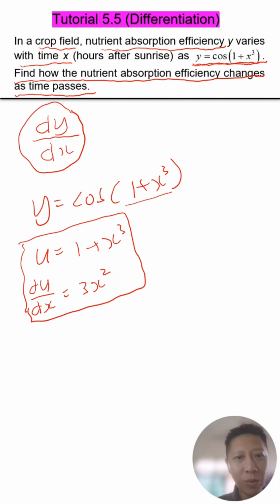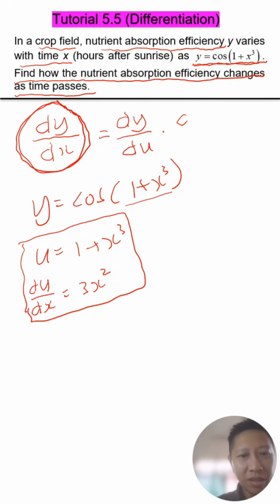Going back to our mission, we want to find the differentiation of y with respect to x. Since we apply the chain rule, we can write it as dy over du times du over dx.